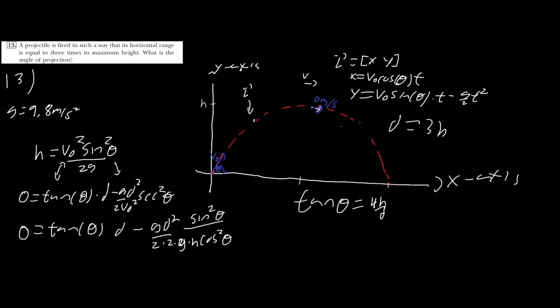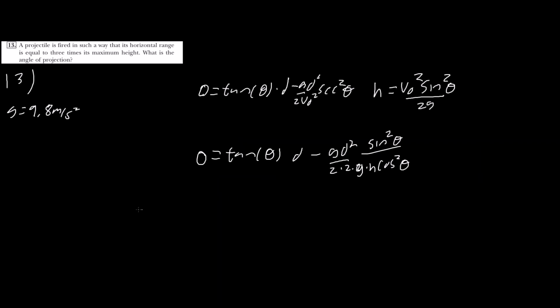Now you're going to get that equation. And remember that the distance is going to be 3 times the height. So let's keep working with this. Now you have tangent of theta d minus, it looks like the g's cancel, so you're going to have 4h in the bottom, d squared times 4h, and then you can have tangent squared of theta.